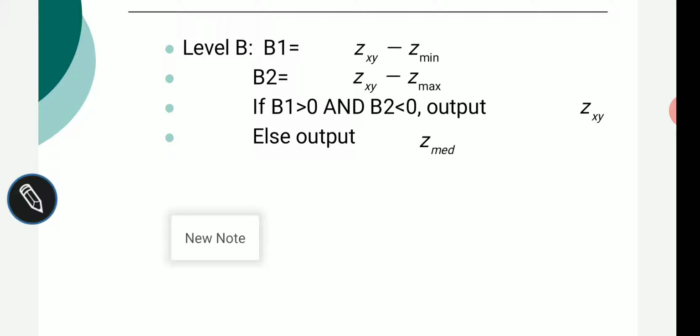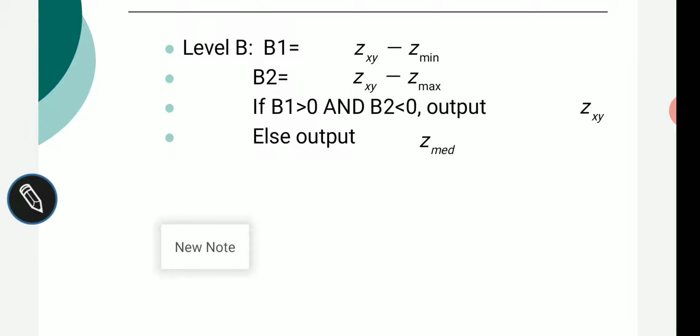The purpose of stage A is to determine if the median filter output Z med is an impulse, black or white. Impulse means only two states, black or white. If the condition holds that Z med is between Z min and Z max, then Z med cannot be an impulse.